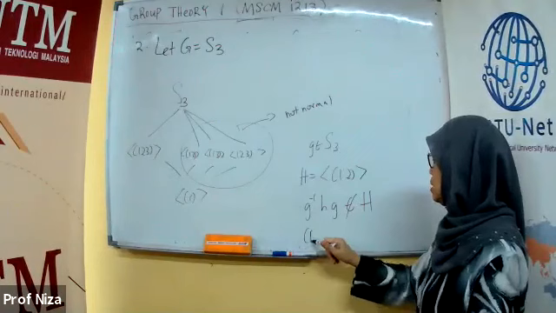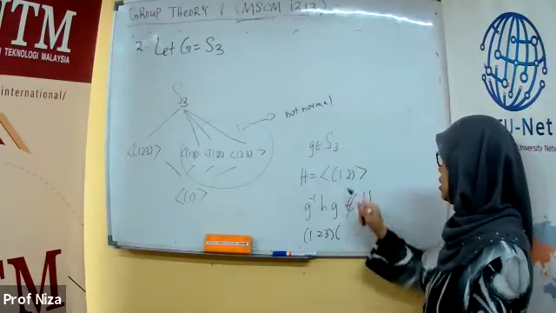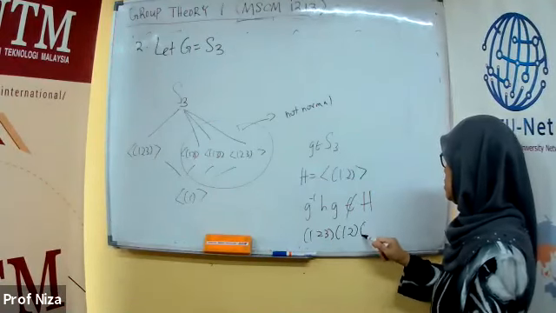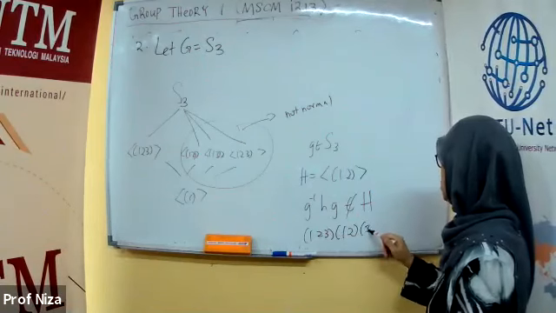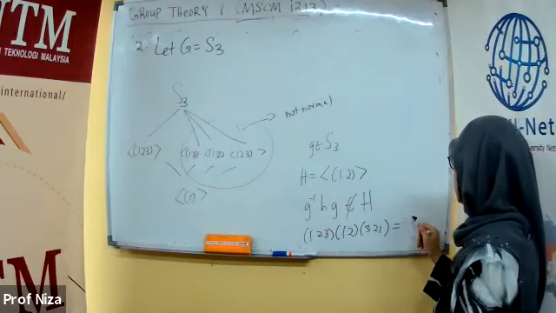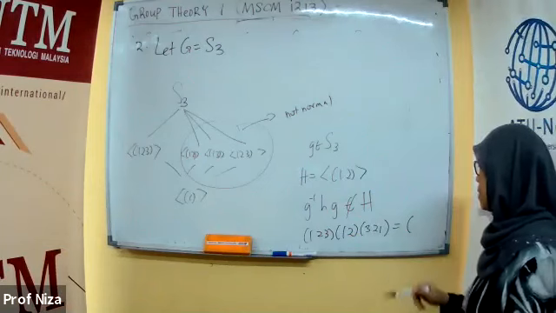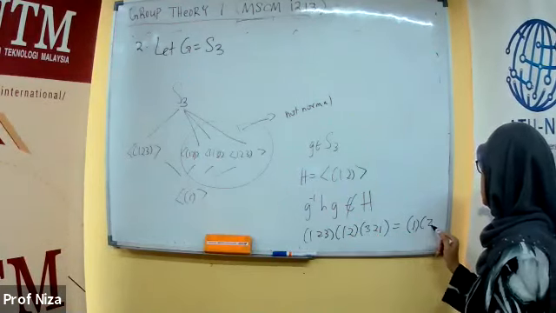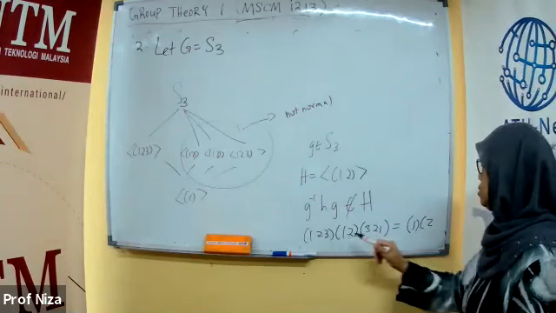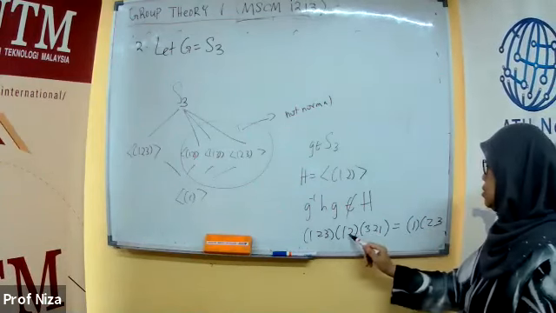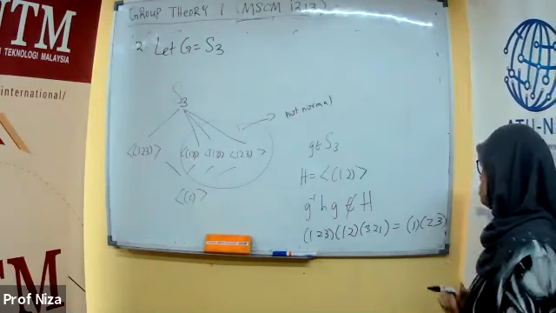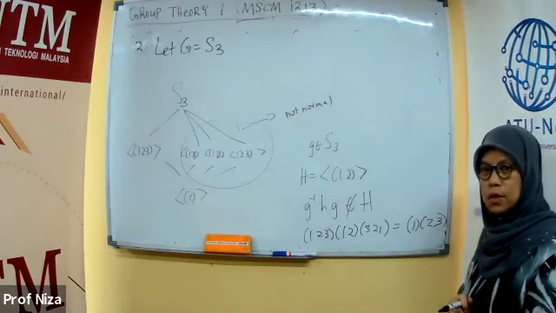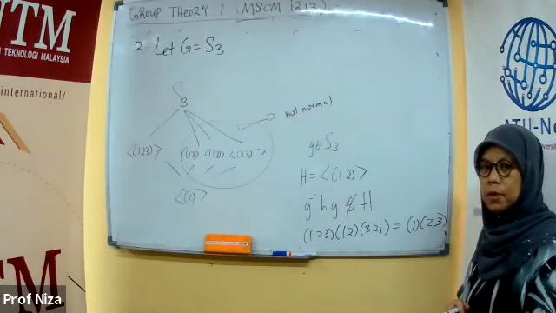Okay? (1 2 3) times (1 2) times the inverse, right? (3 2 1). So 1 to 3, 3 to 1, 2, 2 to 1, 1 to 2, 2 to 3, 3 to 2, 2 to 1, 1 to 2. Okay, this is an example.